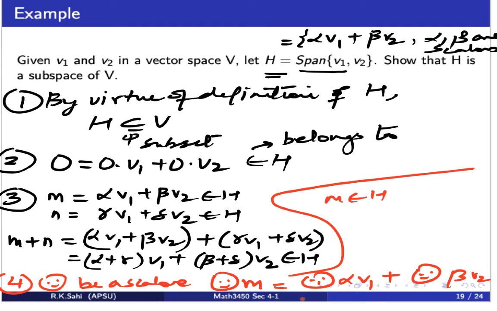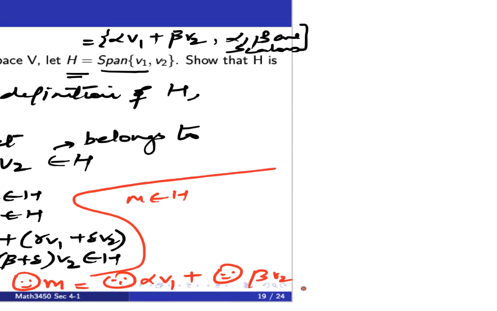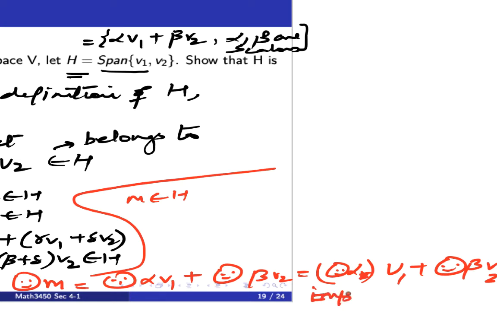So I can combine that and write this as smiley face alpha v1 plus smiley face beta v2, which implies that my smiley face and M belongs to H. Guys, you just need some scalars and that's it.